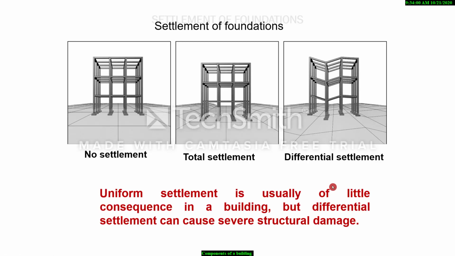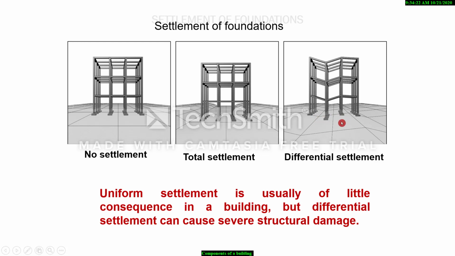So this figure shows what is the differential settlement, what is the total settlement. This is a figure of a building having no settlement. This is like a uniform settlement. That means all the columns or all the foundations settled by an equal amount. In the case of differential, all the foundations have got different levels of settlement.